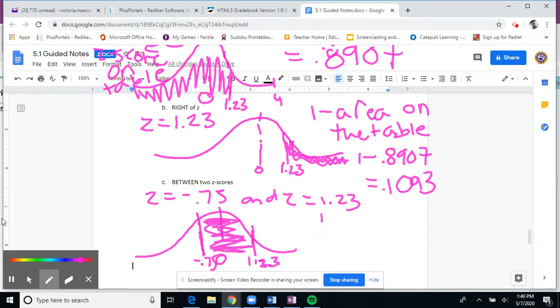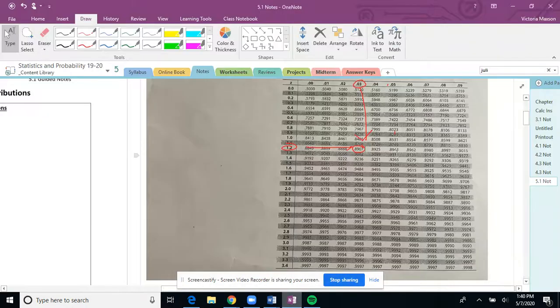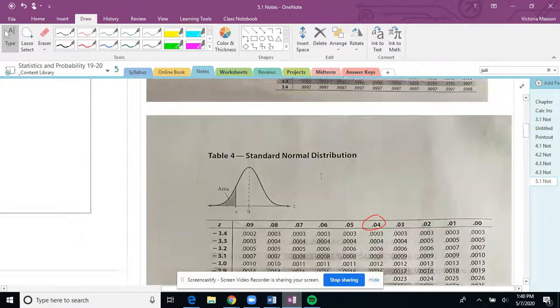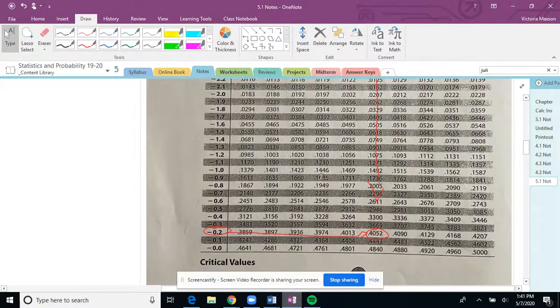So we already know the probability to the left of 1.23 is equal to 0.8907. If we want to find to the right of negative 0.75, what we're going to do is 1 minus whatever it is on our sheet. So we're going to go to the negative 0.75.